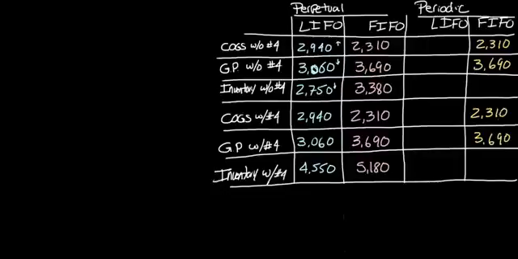The only thing that changes is my ending inventory, $3,380, but it doesn't differ from periodic to perpetual FIFO. So you can see that perpetual FIFO and periodic FIFO are not different. They are exactly the same.